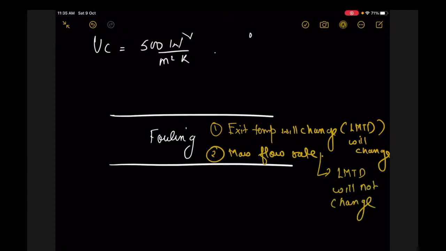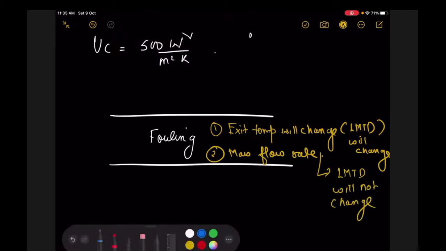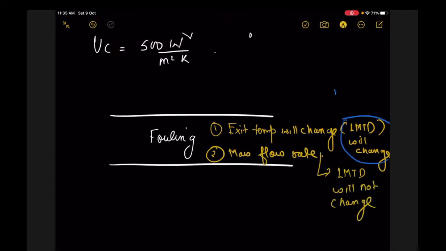So ऊपर वाले कंडीशन में हम ये भी बोल सकते हैं LMTD will change, mass flow rate will not change. Okay, got it? You have two options. Either you can maintain the LMTD. LMTD क्यों मेंटेन करना चाहते हैं?